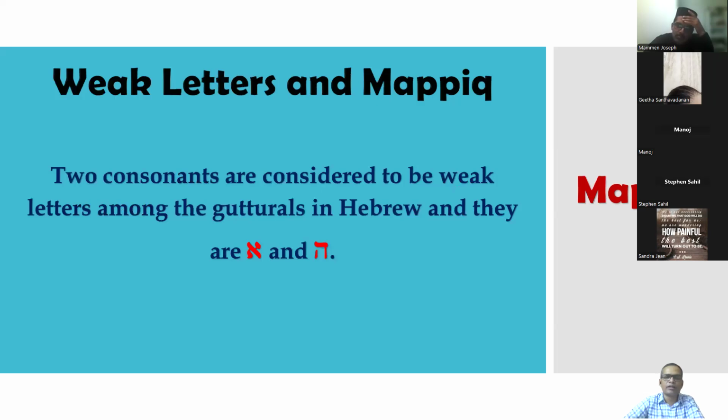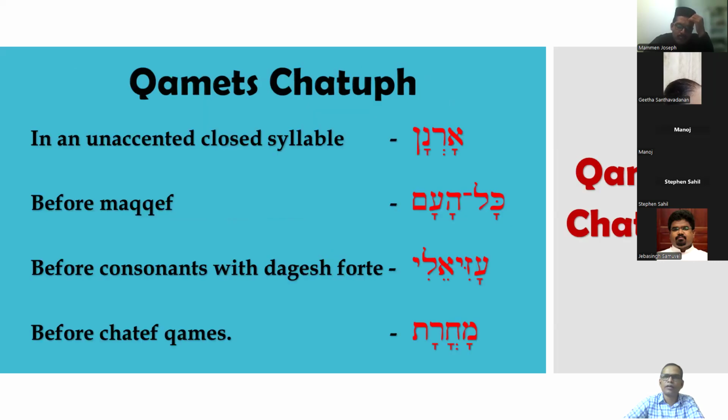How to identify the unaccented closed syllables, sir? In the word, if you don't see any of the accents which I have taught you. The first syllable is or. Non is an accented syllable because it is the last syllable.